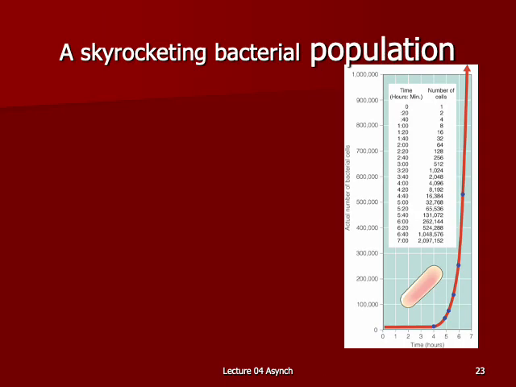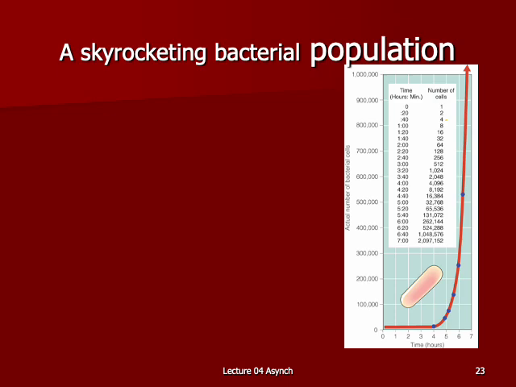Now, if you're trying to count the number of cells, you think, okay, one goes to two, they divide, and now you get four. Four divide, and you have eight, and so forth. And so you think, wow, bacteria grow fast.